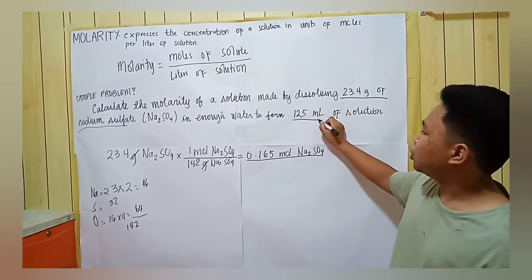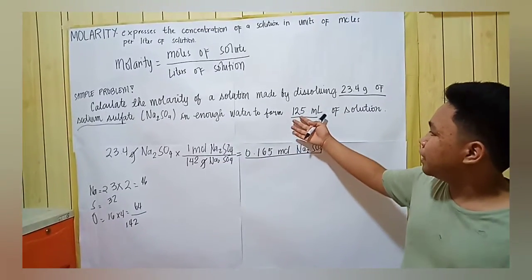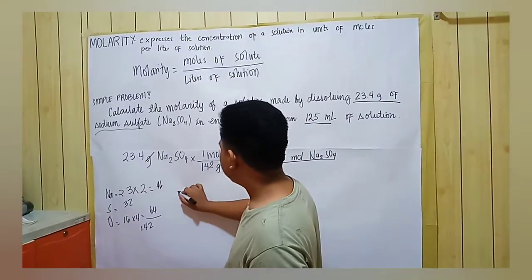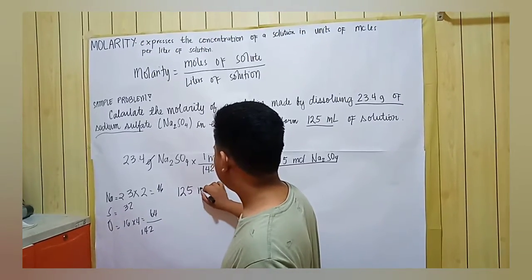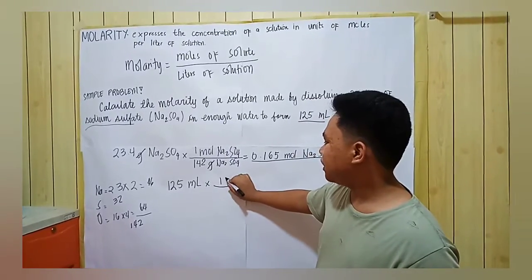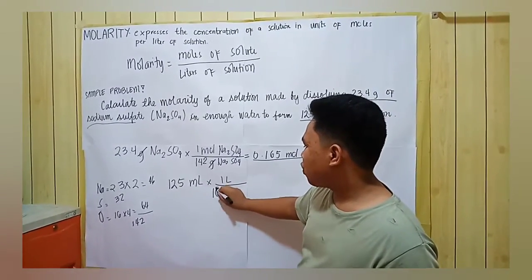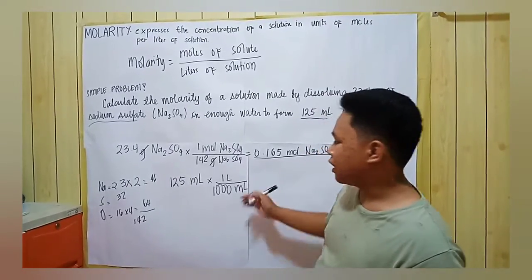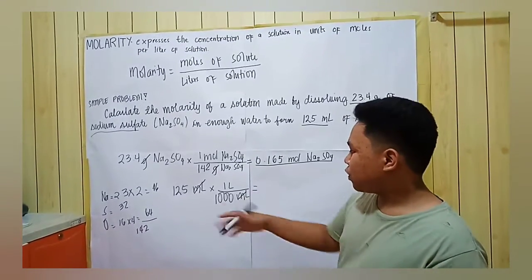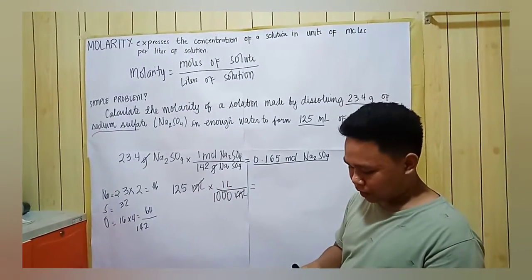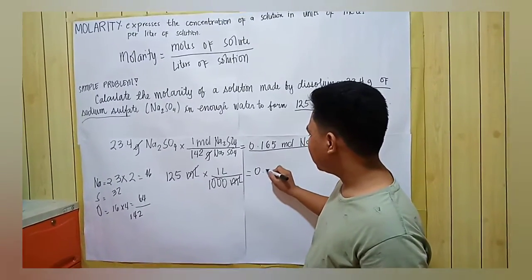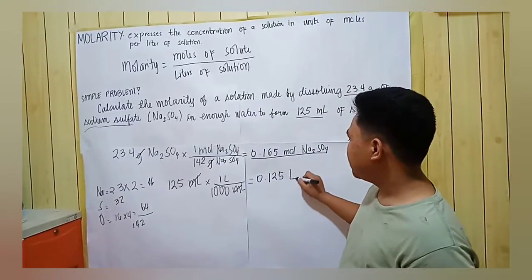Now for our volume, we know it is in milliliters, so we have to convert that to liters. 125 ml times, we know that in every liter, it contains 1000 ml. So we cancel the milliliters, and we're left with liters. 125 times 1 divided by 1000, so we're left with 0.125 liter.